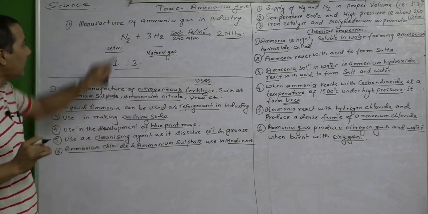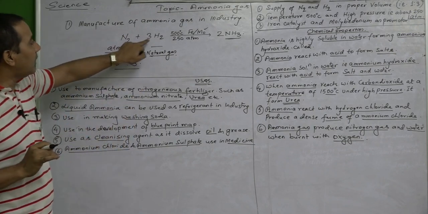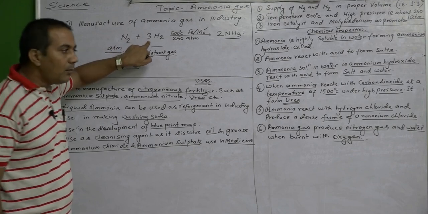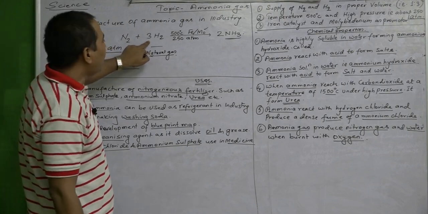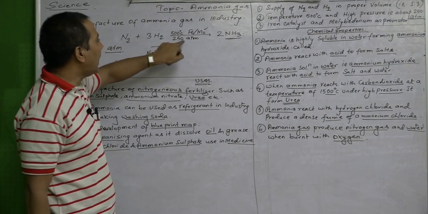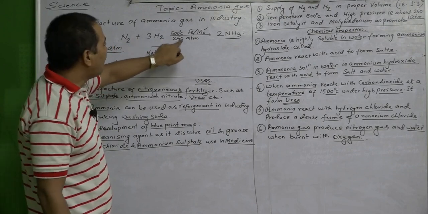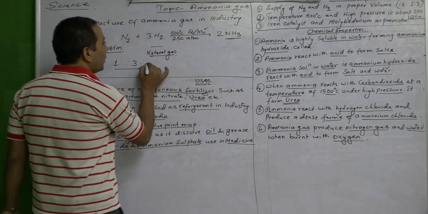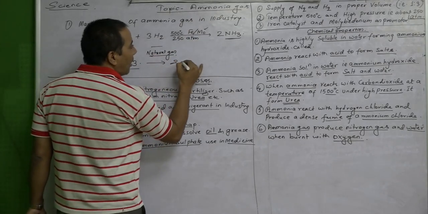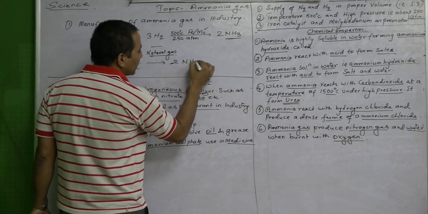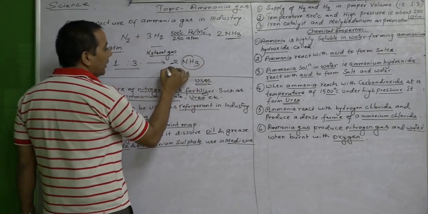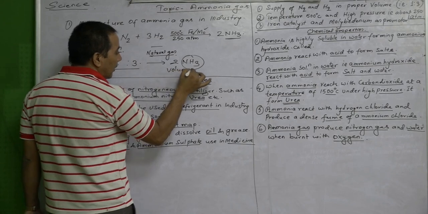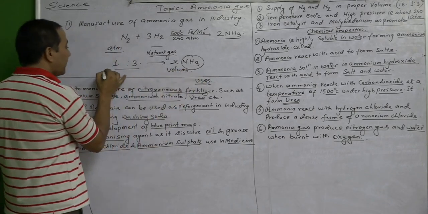We remember that one. When we carry out the reaction following these rules, it will produce 2 volumes of ammonia gas. I think you are clear.